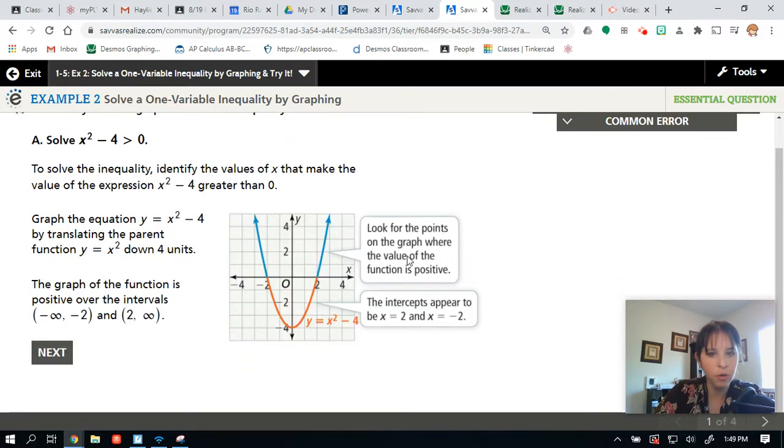So they're talking about looking for points on the graph where the function is positive because y equals 0 is the x-axis. We have intercepts or zeros at 2 and negative 2. And so this statement is true for x less than negative 2 and x greater than 2.